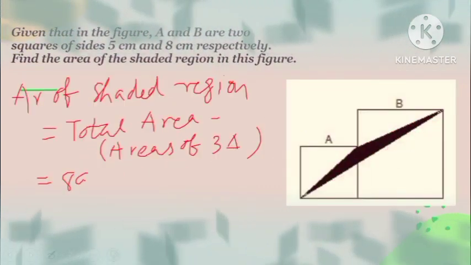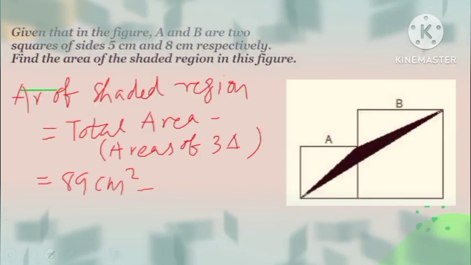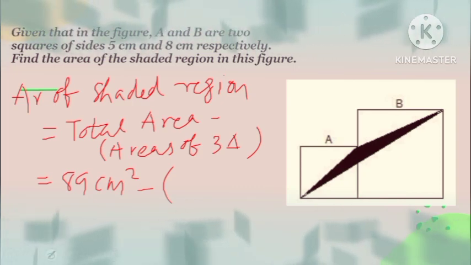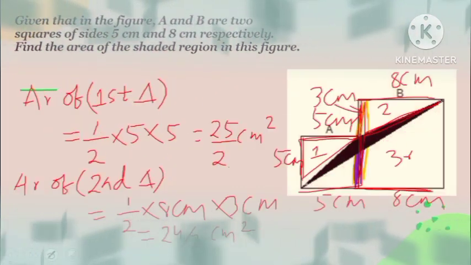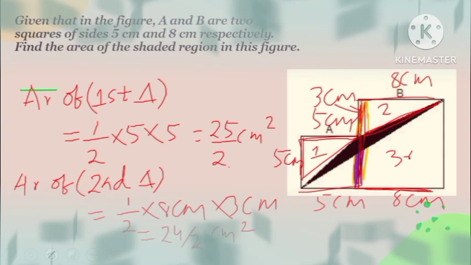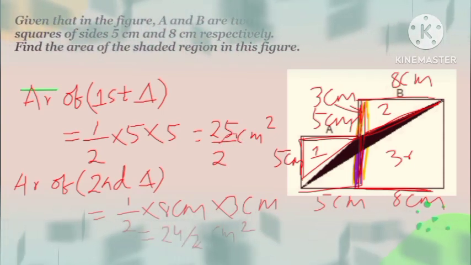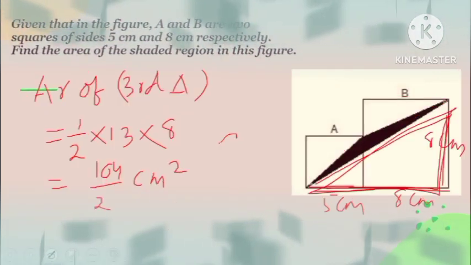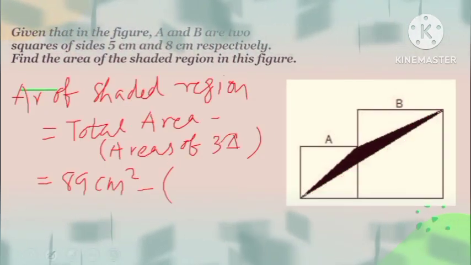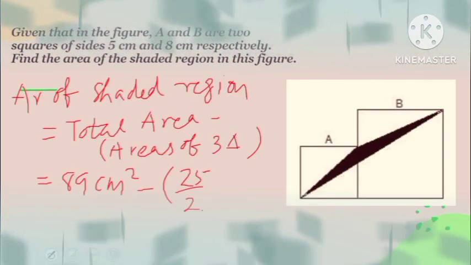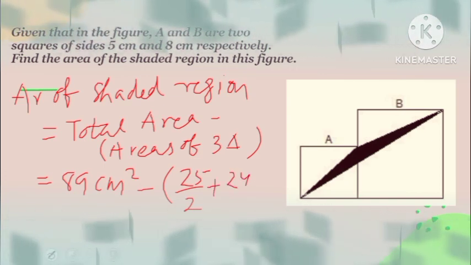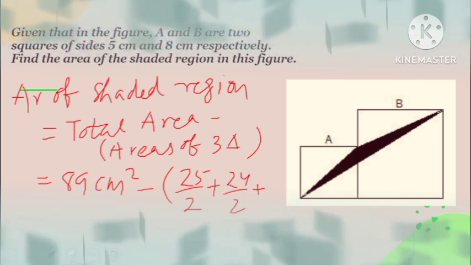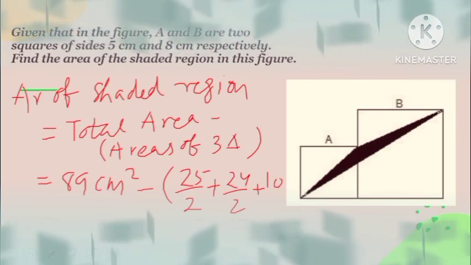This is 89 cm square minus the sum of the three areas. You can see the first area is 25 by 2, the second one is 24 by 2, plus the last one, 104 by 2.